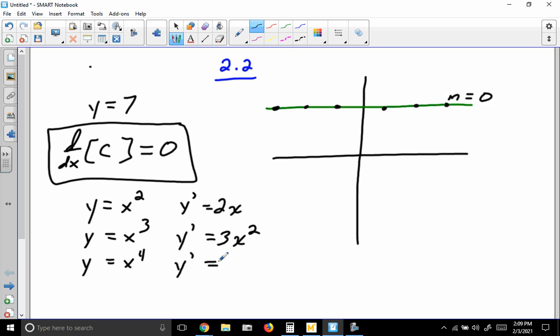The derivative of x to the 4th, we bring the 4 down, x to the 1 less power, 3. Even if we had just y equals x to the first power, with our power rule, we bring the exponent down front and subtract 1 from that exponent. Well, 1 less than 1 is 0. Anything to the 0 power is 1. So we would get 1 for that.